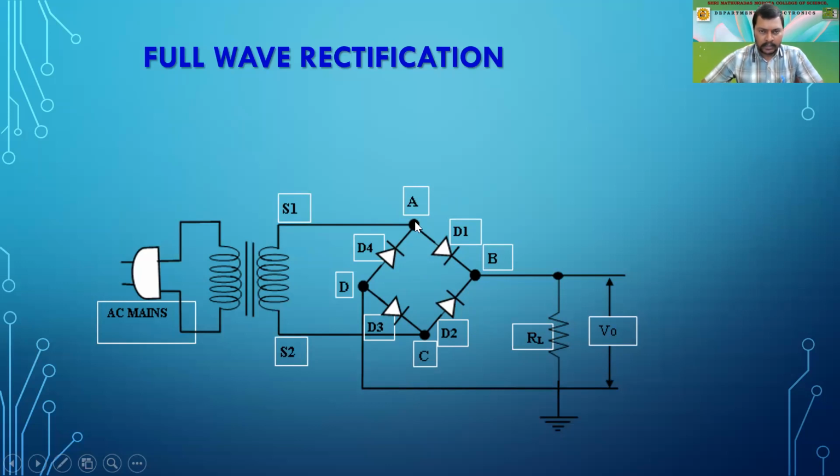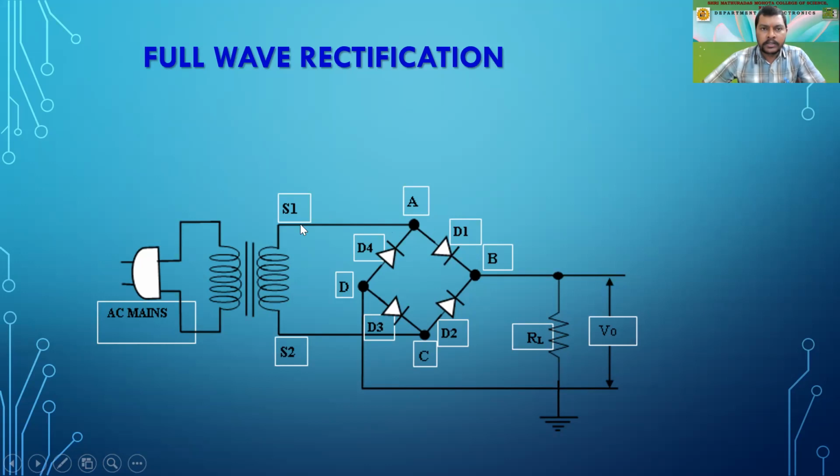So the cathodes are connected to A and C, and the common terminal of the anodes is connected to D. And the arrow shows the direction of flow of current. Remember, the arrow of the diode, which is in the form of a triangle, shows you the direction of the flow of current.